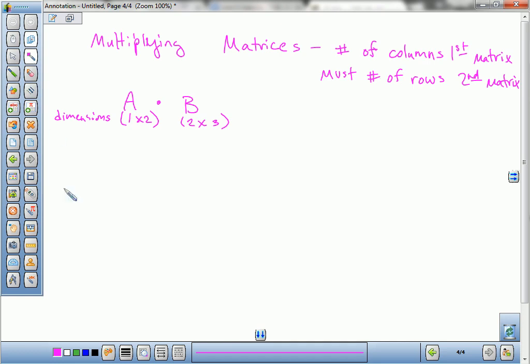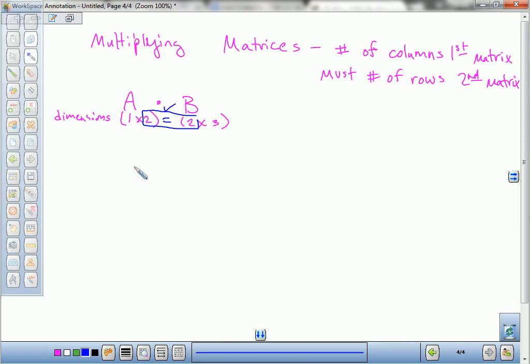Every time, you look to see: do the number of columns of the first one match the number of rows in the second one? If that is a yes, then you can do the multiplication. Otherwise, it's not possible. The even cooler thing is the resultant matrix, the answer, will be the outsides, a 1 by 3. So that helps us to know that we're doing it right.